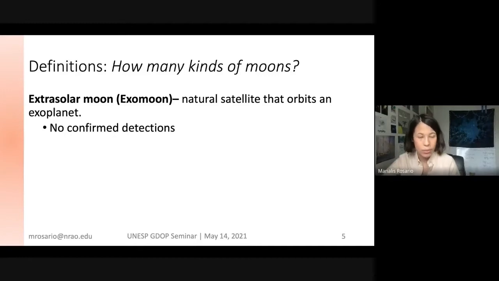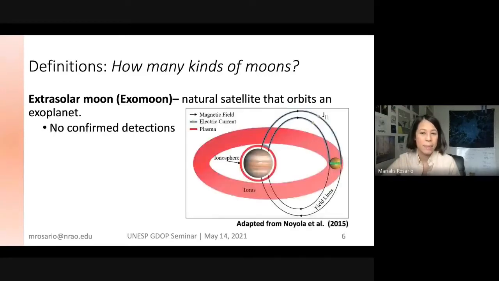Among those methods, there is one I am heavily involved with, and I will make a bit of a segue to talk about that because it's a big motivation behind my project with orbital stability. One of those methods is radio detection. The radio detection method is based on an interaction that we see between Jupiter and Io.